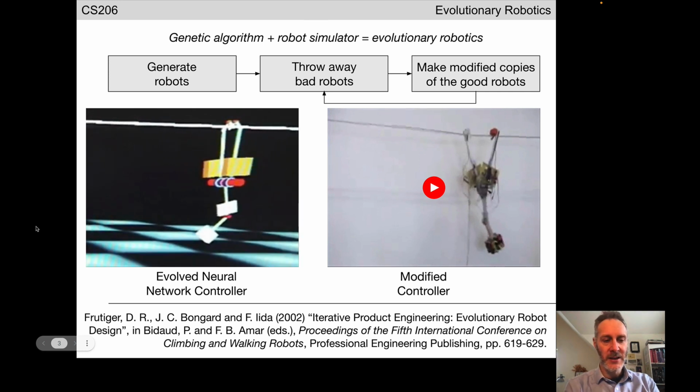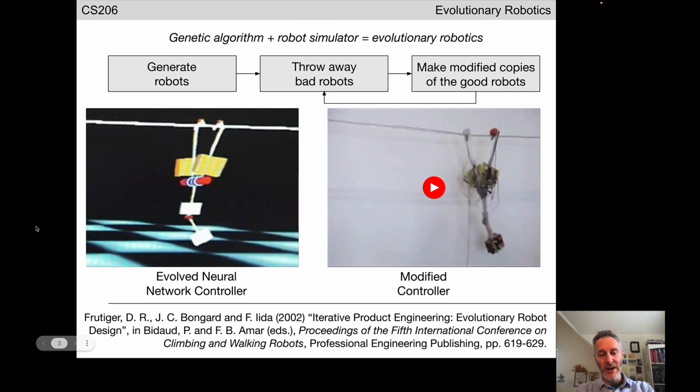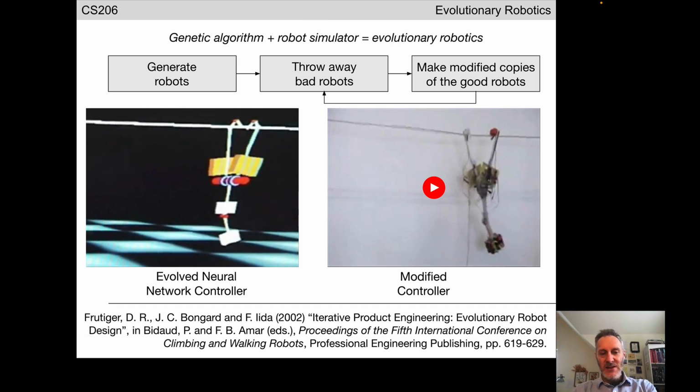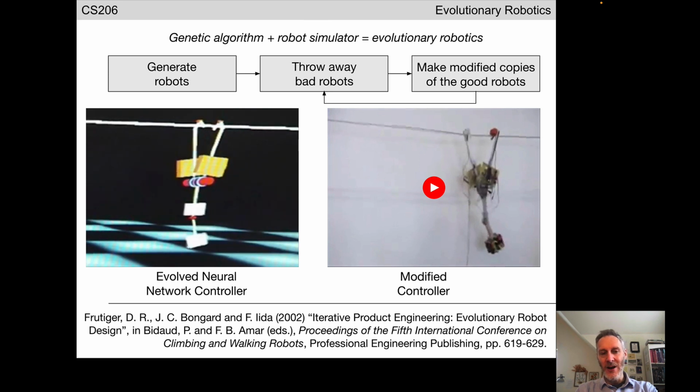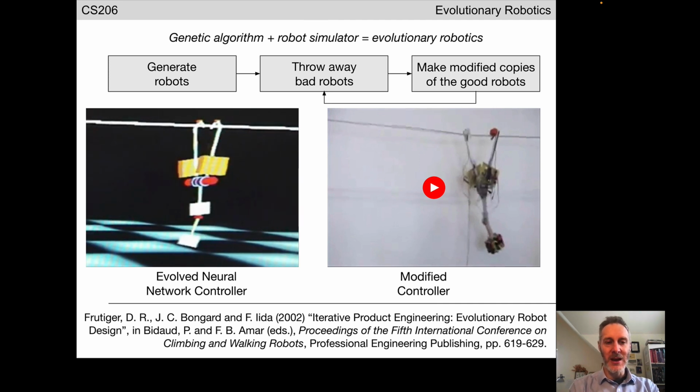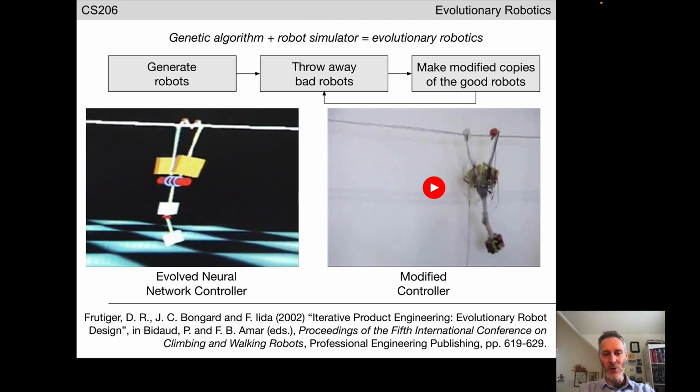Here's an early example from some work I did a number of years ago now. This is a robot trying to solve a particular problem, which is to move along an aerial beam. And you can see in this case that it's evolved a solution to do so. It's not a perfect solution, but it manages to move along the beam somewhat.